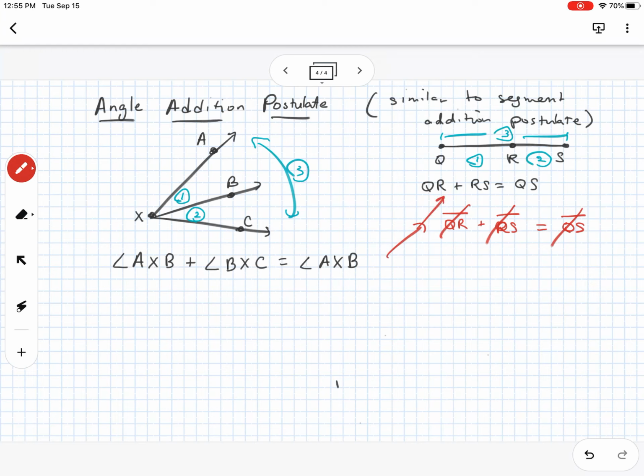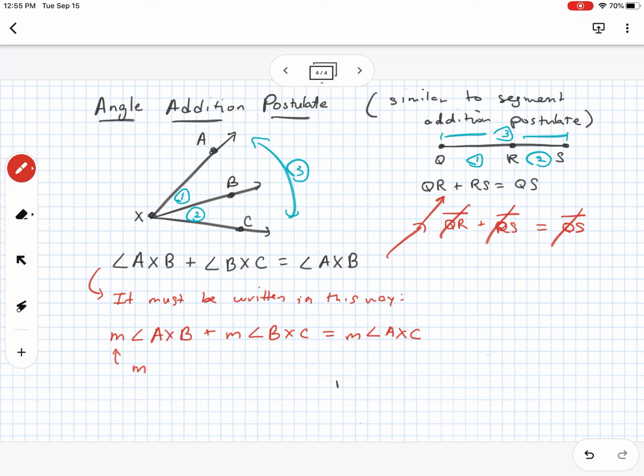And in the same way with the angles, we do have to change it up a little bit. So instead of writing it like this, it must be written in this way. Anytime we work with the numbers, the degree measurements, we would write it like this: M angle AXB plus M angle BXC equals M angle AXC.